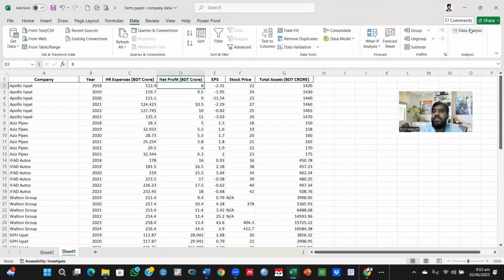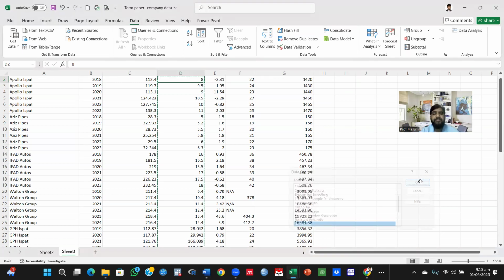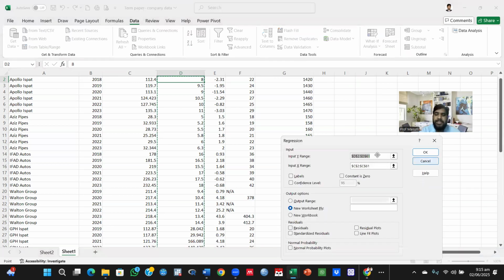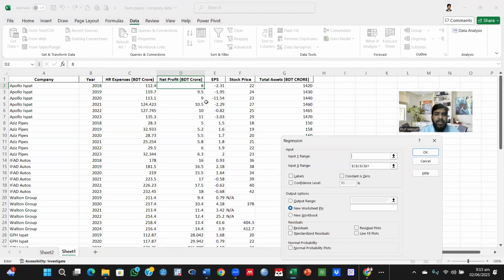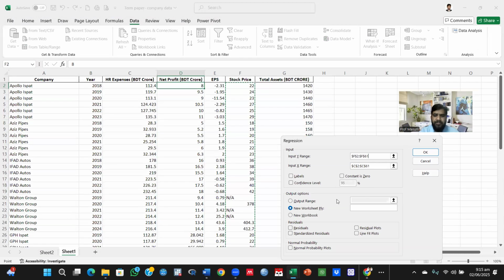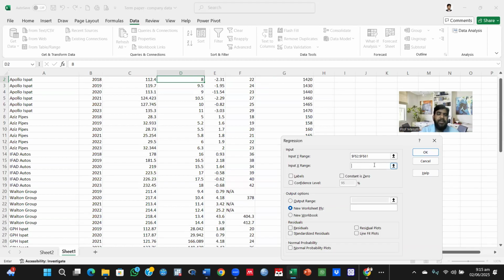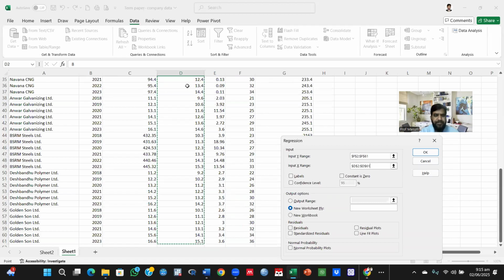Go to data analysis, go to regression, change the data this time. Your dependent variable is stock price, and your independent variable is profit.